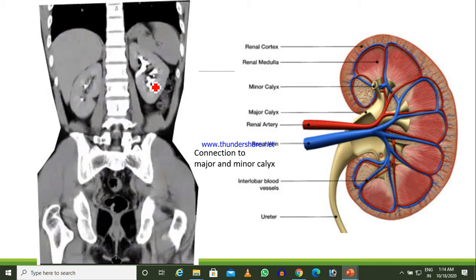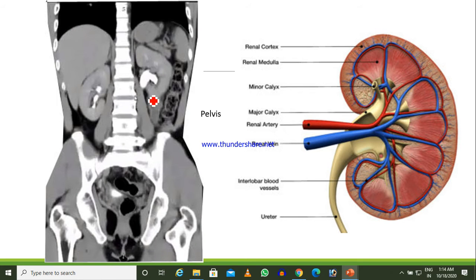Now this is the connection to the major calyx. These are the connections to the minor calyx. Okay, this is your pelvis.